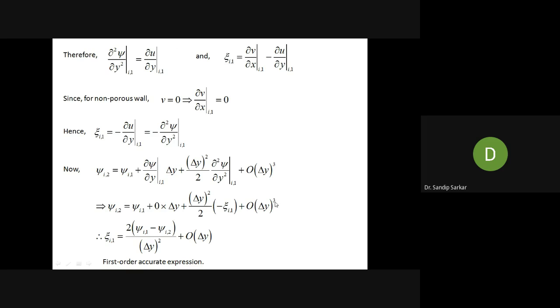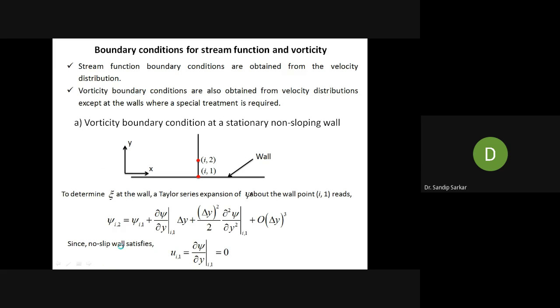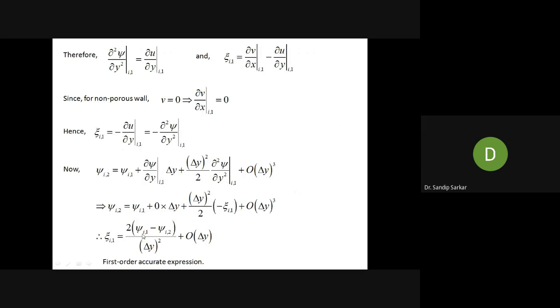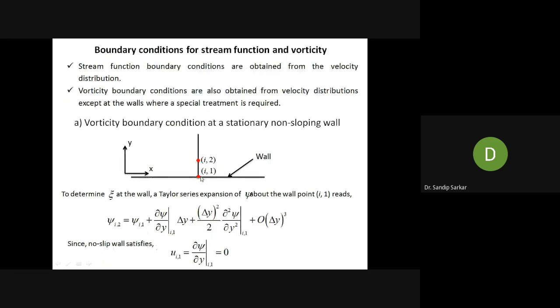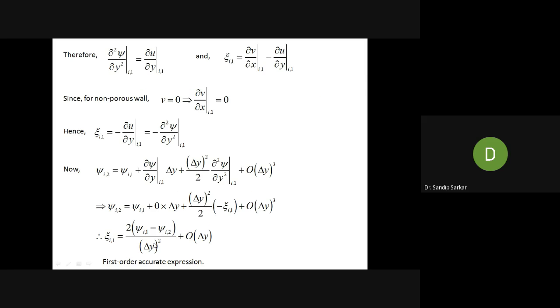So zeta I1, the vorticity value at the wall, is nothing but the stream function value at the wall minus the stream function value at a vertical distance delta y away from the wall, that is psi I2, over delta y square, plus order of delta y. This is the expression of zeta I1, the vorticity value at the wall. In this way you can calculate the vorticity value at the wall.